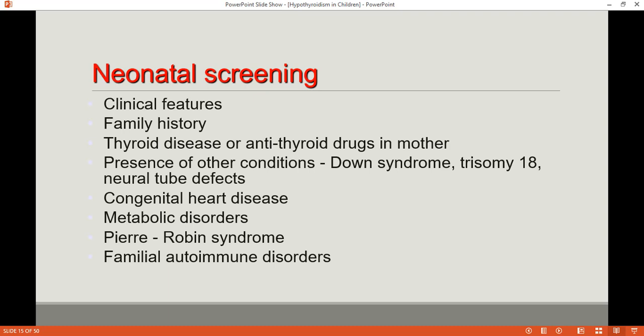Neural tube defect includes spina bifida, meningocele, meningomyelocele. When you find such patients, the thyroid test must be done.